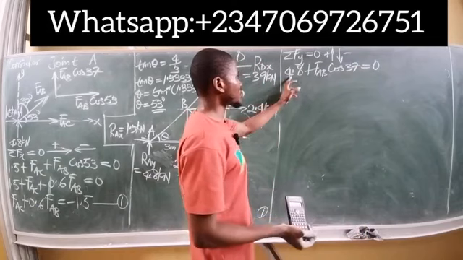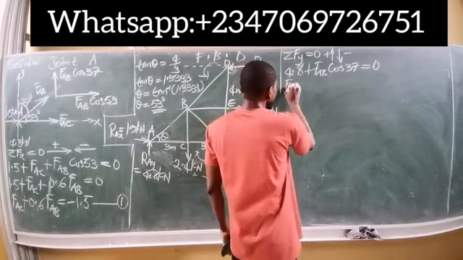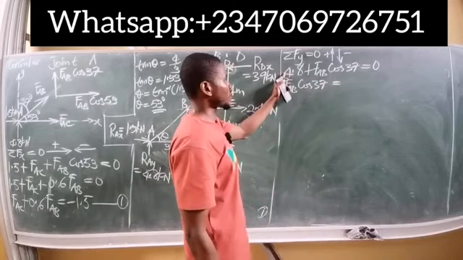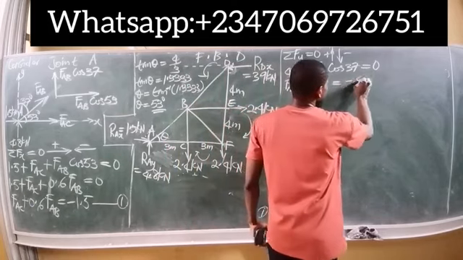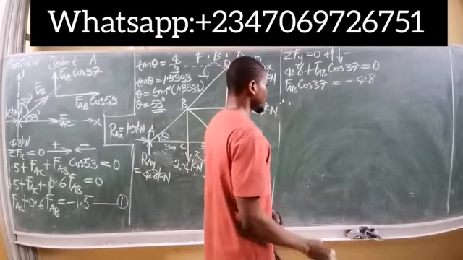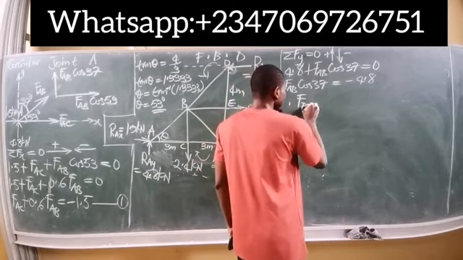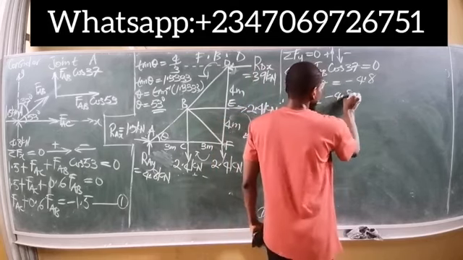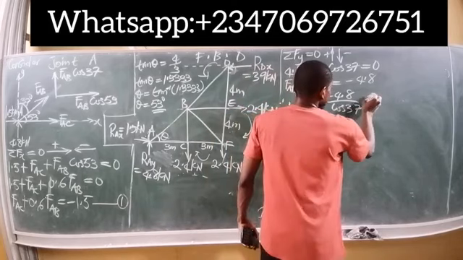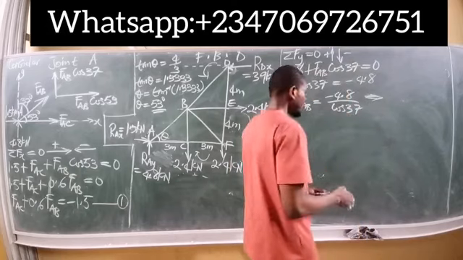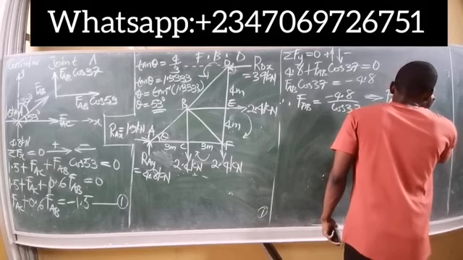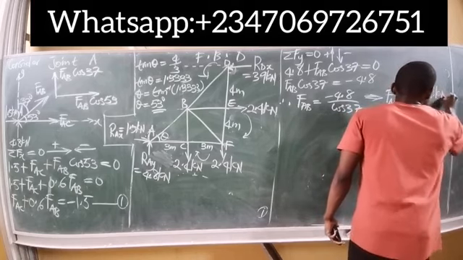Let's send 4.8 over here. We have FAB cos 37 is now equal to minus 4.8, as the positive sign crosses the equal sign and becomes negative. Therefore, to make FAB the subject, divide through by cos 37. This implies that FAB is minus 4.8 over cos 37. Let's get the value now. That gives us approximately FAB equals minus 6.0 kilonewtons.